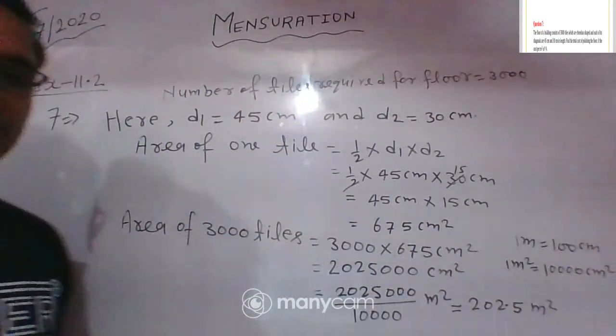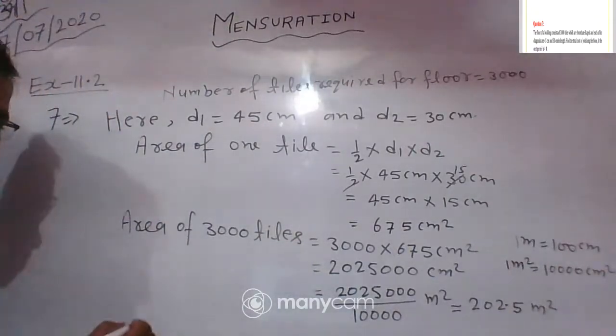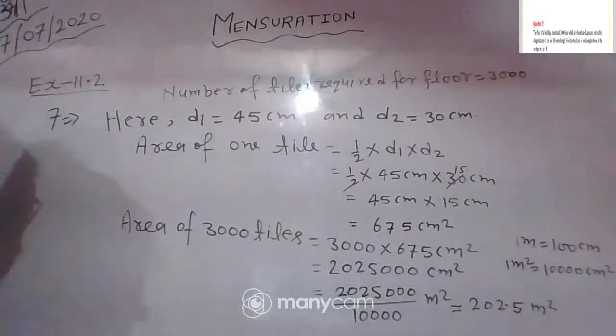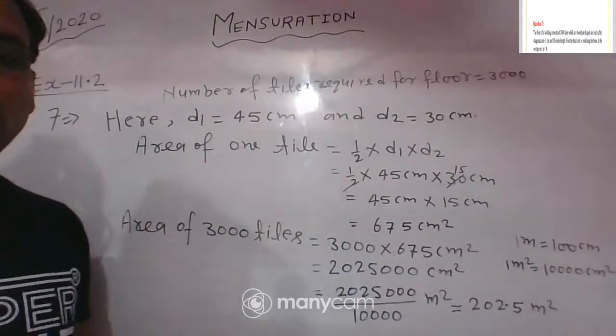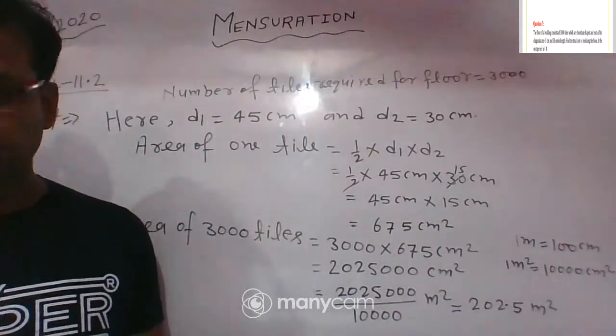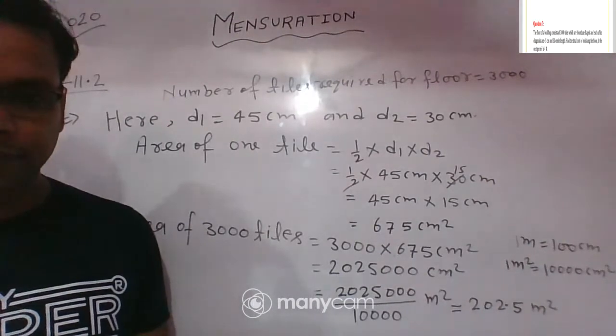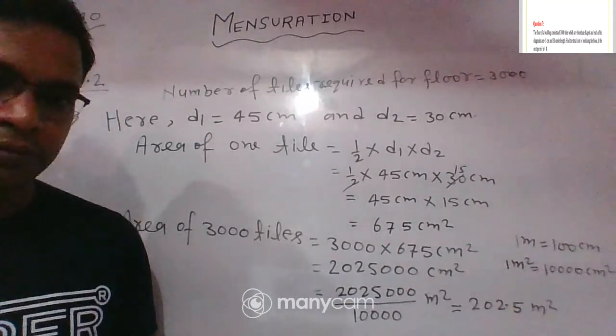So the area of the floor is 202.5 meter square. And now, what is the area of the floor?